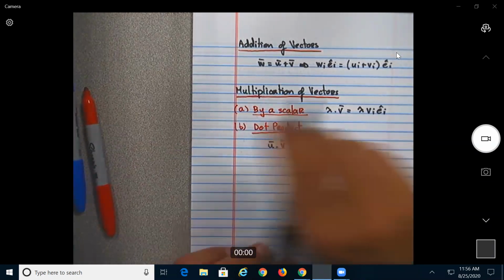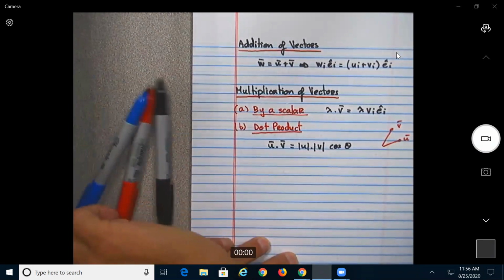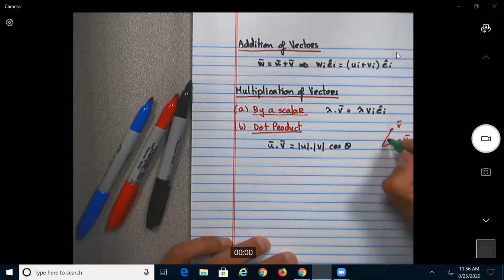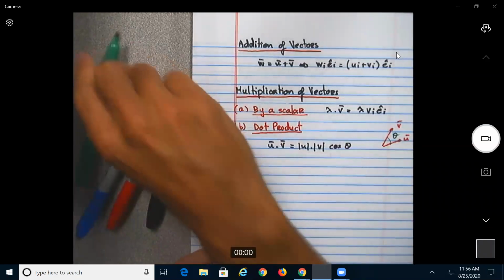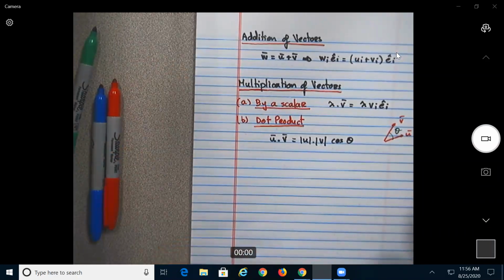So if you do a figure, let's say this is U and this is V. This would be the angle theta. Obviously, if the two vectors are perpendicular to each other, cosine of 90 is 0, no? So then the dot product will be 0, okay?